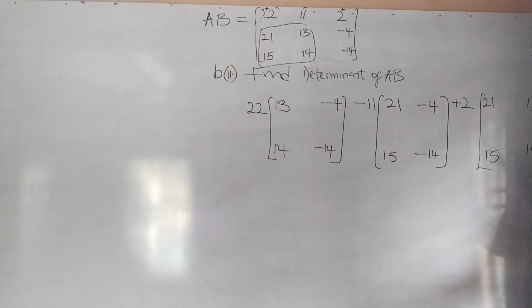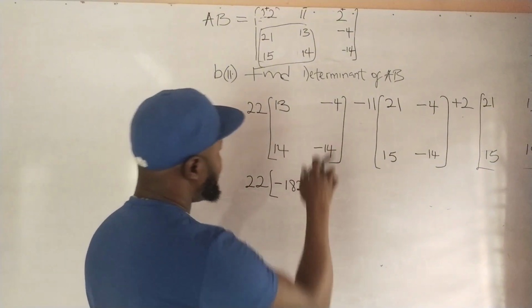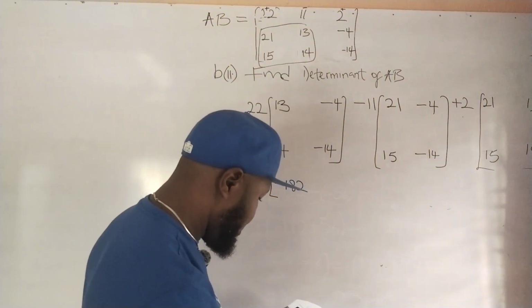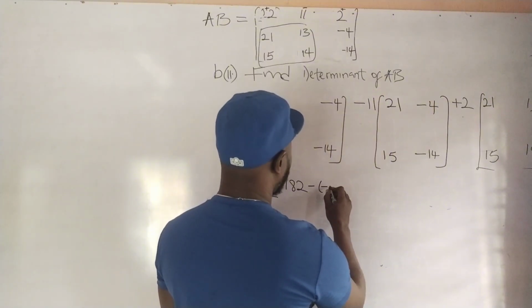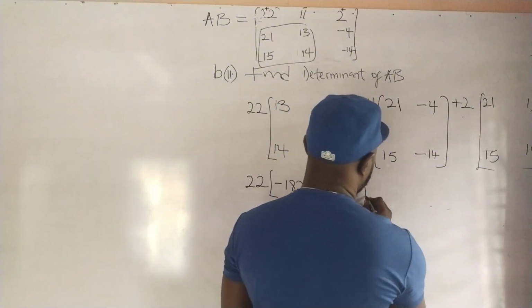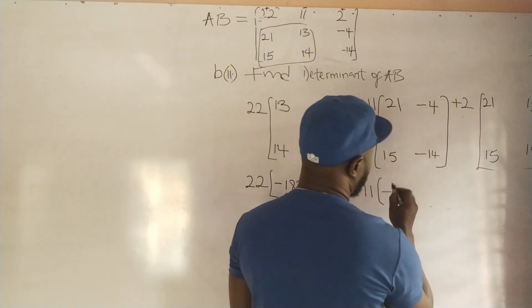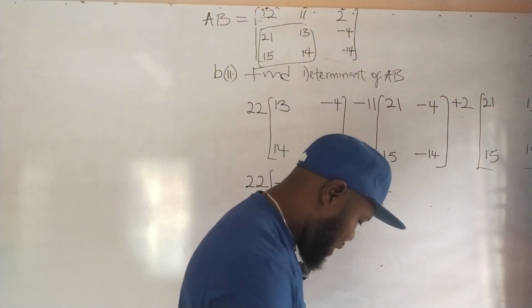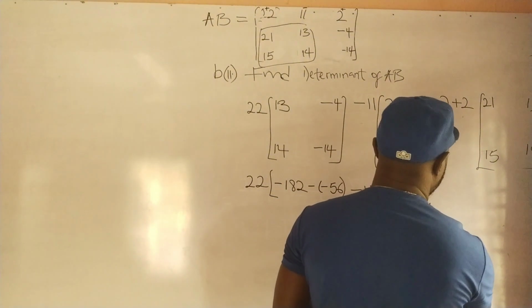13 and 4. When you use minus 14 to multiply 13, it gives us minus 182. So what about 14 times 4? That gives us minus 56. Minus 11 into brackets. Minus 14 times 21. 14 times 21 gives us 294.